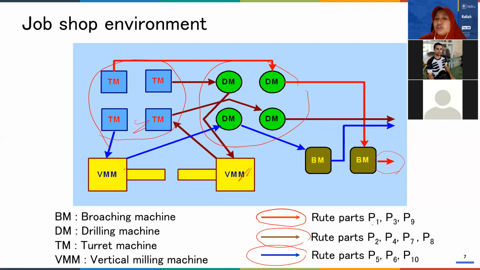So if we see here, particularly for the brown route, we can see that there are many backward movements, we call it something like that. From the turret machine, they go to drilling, they go to milling, then return back to turret, and then they go again to drilling before they leave the overall facility.